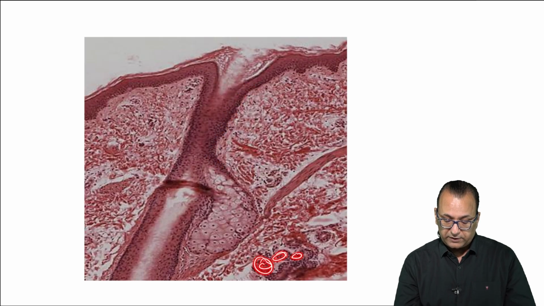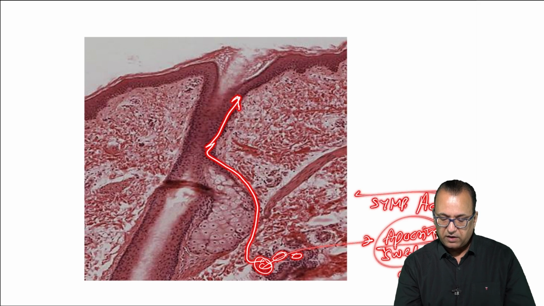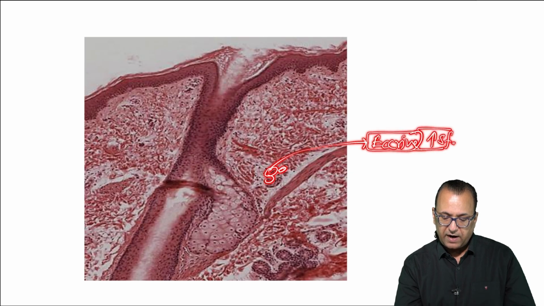Also, if you are talking about apocrine sweat glands, they are deeper in dermis, and even their secretions go into the hair follicle only. Thick and viscous secretion under sympathetic adrenergic pathway, and they are deeper in dermis compared with the eccrine gland, which is superficial and it is sympathetic but cholinergic.